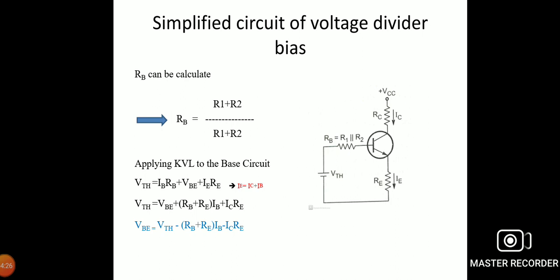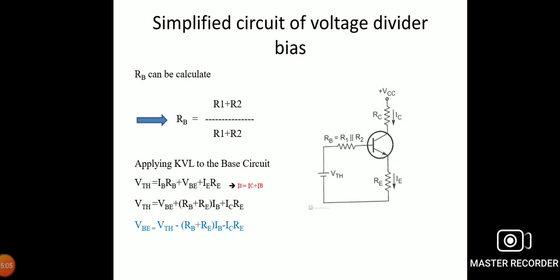Simplifying, the Thevenin voltage is equal to the base-emitter voltage plus the base resistance plus emitter resistance into the base current, plus the collector current into the emitter resistance. So the base-emitter voltage in the voltage divider bias is equal to the Thevenin voltage minus RB plus RE into IB, minus IC into RE.